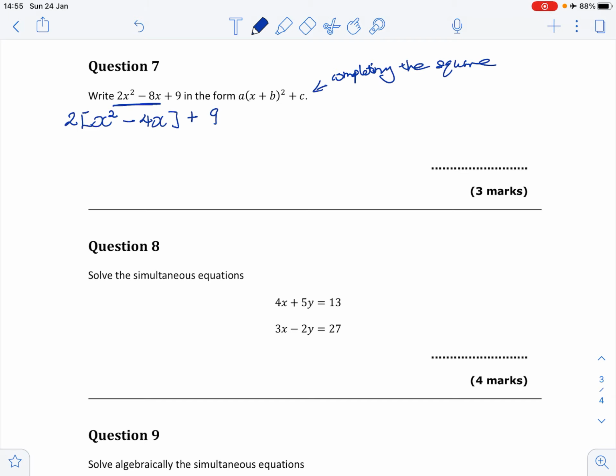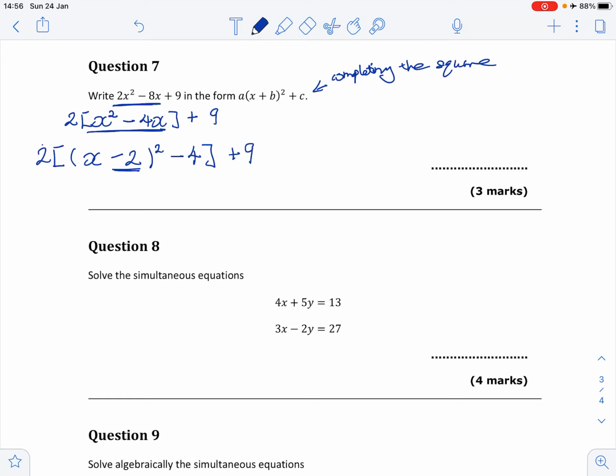Then step 2, we're going to complete the square for what's inside the square bracket. So we have 2, bracket, x, you halve your minus 4, which is minus 2, bracket squared, minus this term squared, which is 2 squared, is 4, so you need to subtract 4, plus 9.